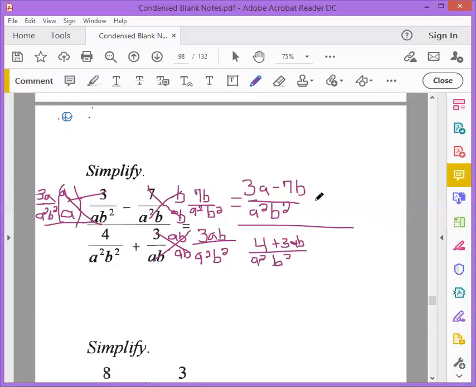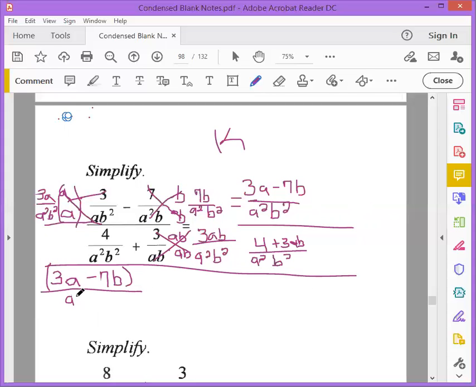All right, now remember our steps for when we're dividing by a fraction. We keep the first fraction the same. So our first fraction will remain, that numerator will remain 3a minus 7b. And I'm going to place that factor in parentheses, divided by a squared b squared. We're changing our operation from division to multiplication.